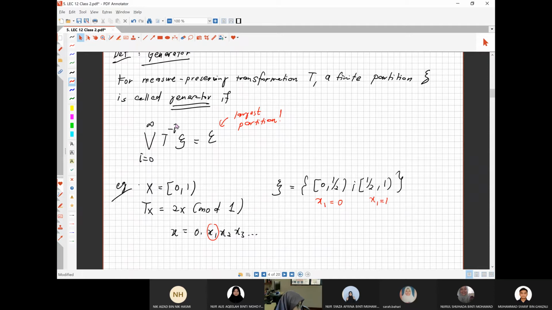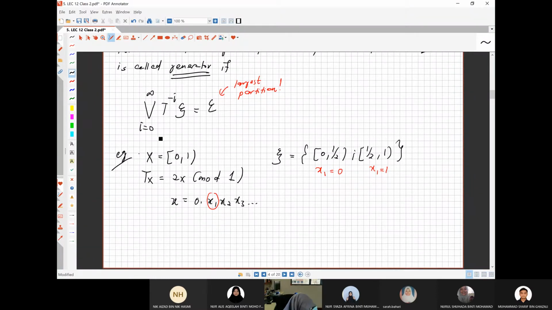Next, you have to find the pre-image, the join of psi and the pre-image of psi. So what do you have here? Psi joined with the pre-image of psi: take the pre-image of this one first.